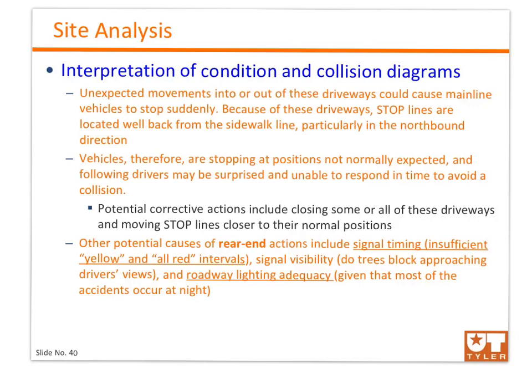Another potential cause of rear end accidents would be the signal timing. Do we have a sufficient yellow or all red interval? Sometimes if we do not have enough all red or yellow time, we're going to have issues, and we're going to have those rear end accidents. Signal visibility: if we have lots of trees or something blocking the drivers' views, that's going to be an issue too.